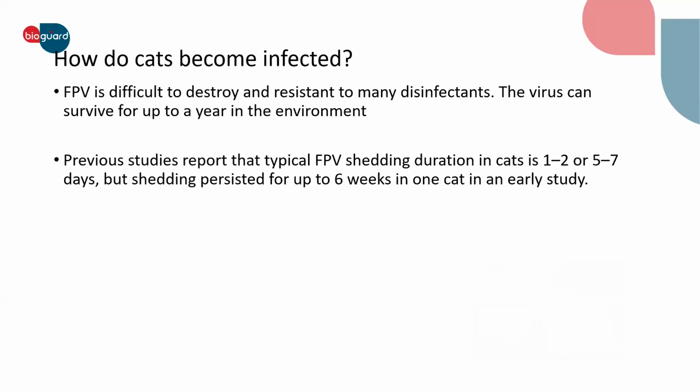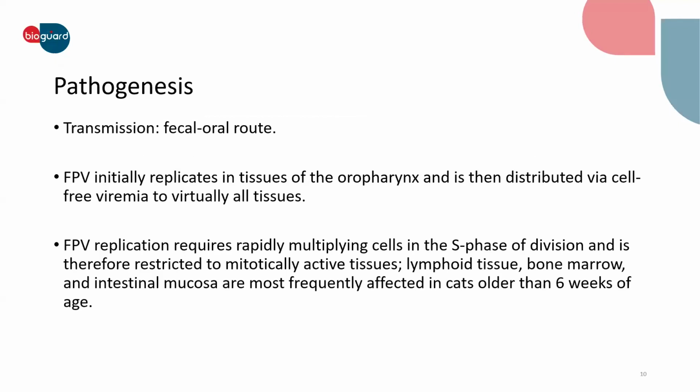Some previous studies report that typical FPV shedding duration in cats is 1 to 5 or 2 to 7 days, but shedding can persist for up to 6 weeks in one cat in an early study. So the shedding of the FPV actually depends on the cat. Each individual may have a different shedding period. So let's talk about the pathogenesis of the FPV.